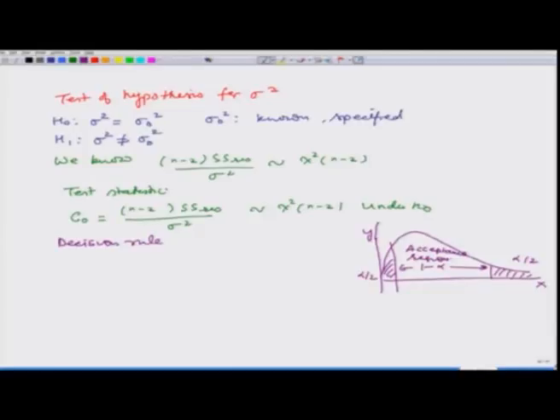Right. And the critical values which are obtained from the tables of chi-square probability will be like this: chi-square at alpha by 2 level with n minus 2 degrees of freedom, and this value is going to be chi-square with 1 minus alpha by 2, n minus 2 degrees of freedom.